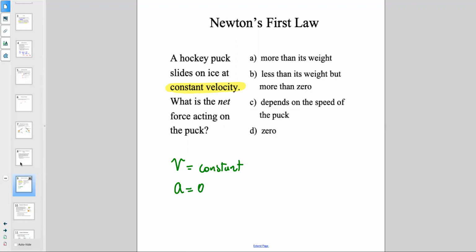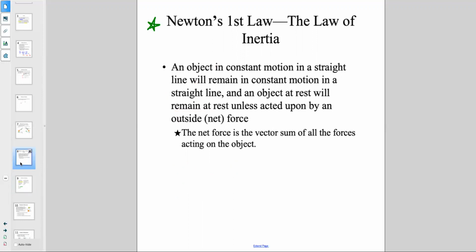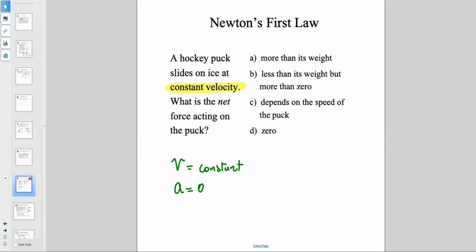Let's go back to our definition of the first law. An object in constant motion in a straight line will remain in constant motion in a straight line. An object at rest will remain at rest unless acted upon by an outside or net force, which is exactly the same thing here. All right, so the net force acting on that, as long as it is moving with a constant velocity without any change, will be 0. Now, in reality, we know that this is not the truth in hockey, right?